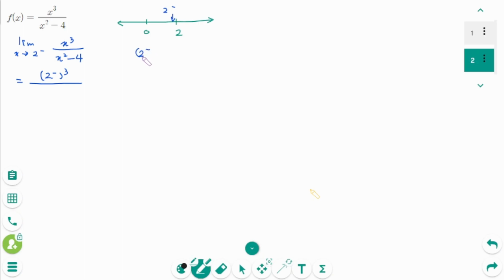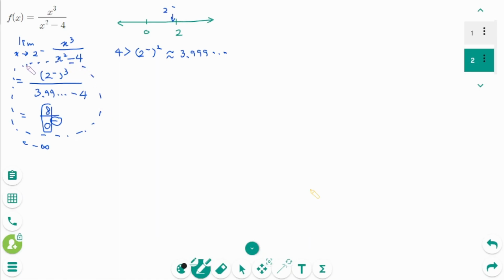Then 2 from the left side squared is less than 4. Just think of it as 3.99999. Then 3.99999 minus 4, so 8 over 0 from the left side is infinity but negative. And this part is only in our head.